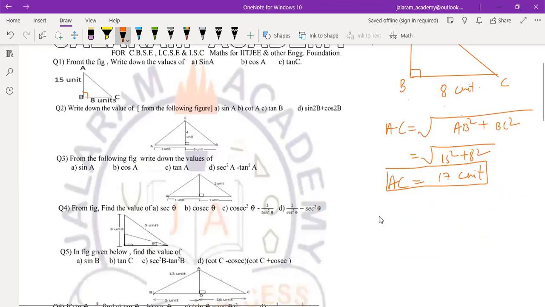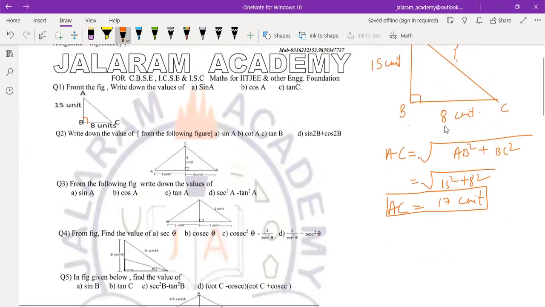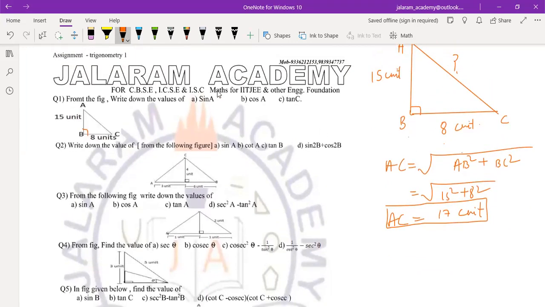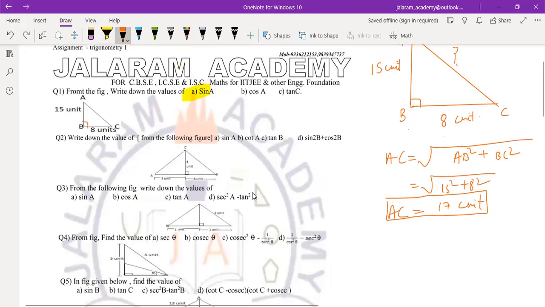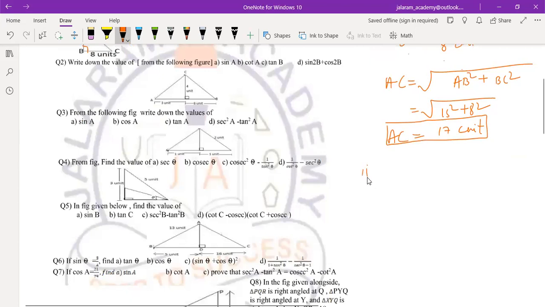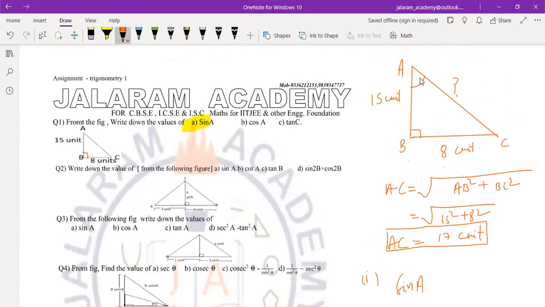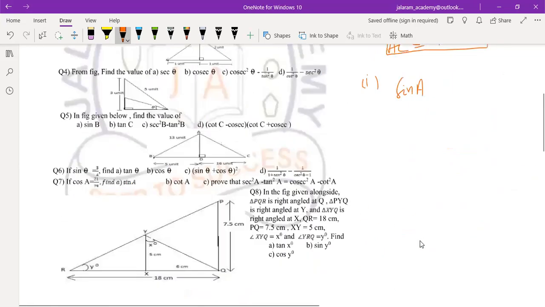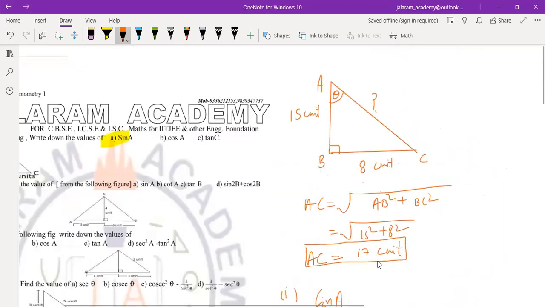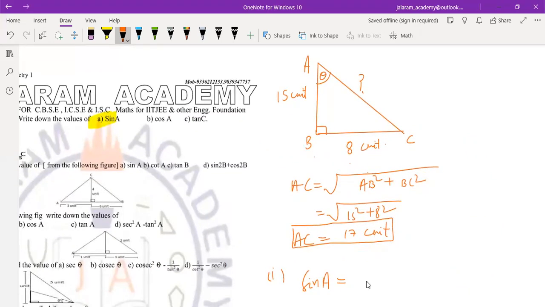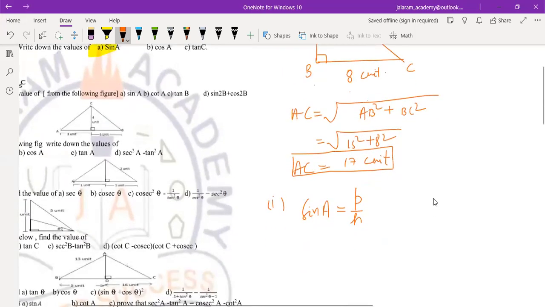Now, we do not know which one is perpendicular, which one is base. It depends on what we have to find. We have to find sine A. So first write sine A. Mark this in your notebook. This angle A is the reference angle. So if A is reference angle, remember, sine A equals perpendicular upon hypotenuse.